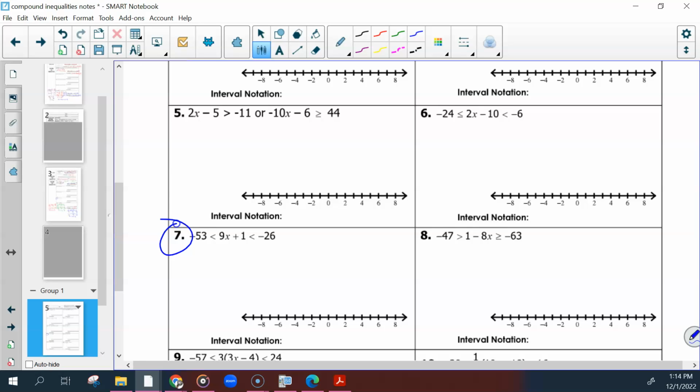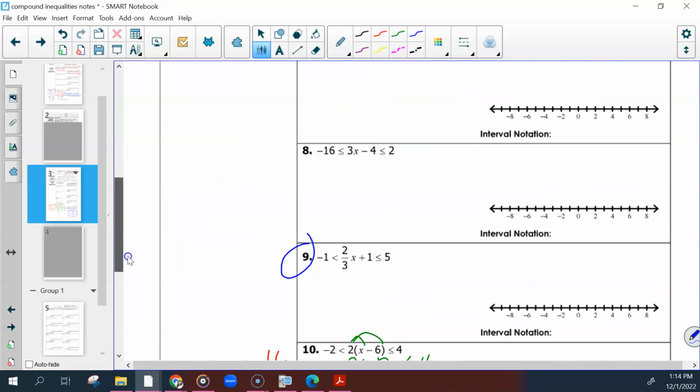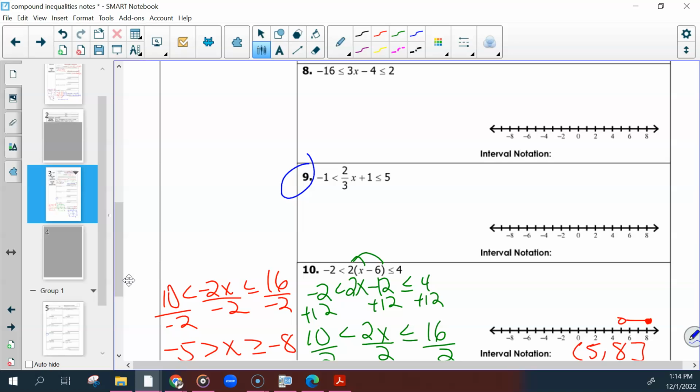So we have 7 on the very last page, 9 on the page we were just on. Brian? Yeah. Any others? 9 on which page? This one? Alright, so let's start with 9 on this page and then do the other one.